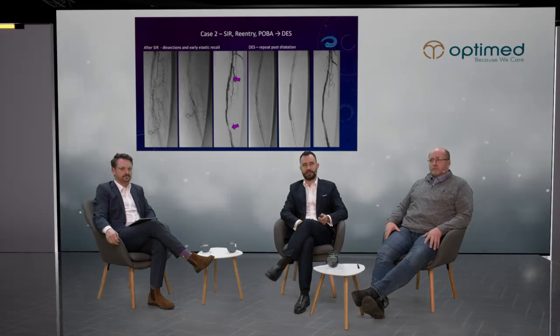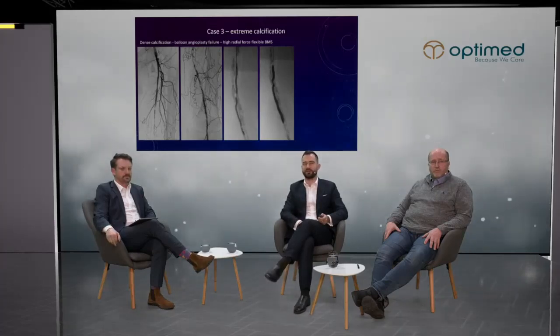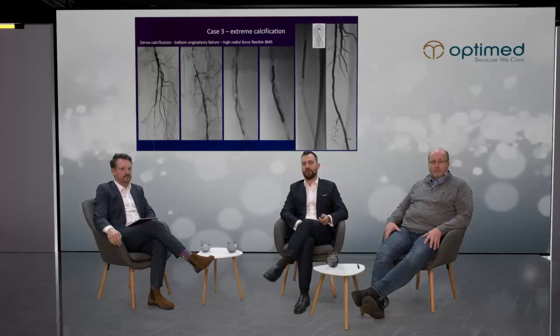The vessel kept open. In the other scenario, when you have a lot of calcium and even the balloon is not able to dilate it properly, you can utilize high radial force flexible bare metal stent technology, which after implantation is able to push the calcium away.